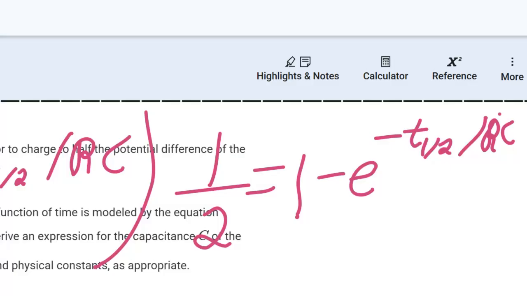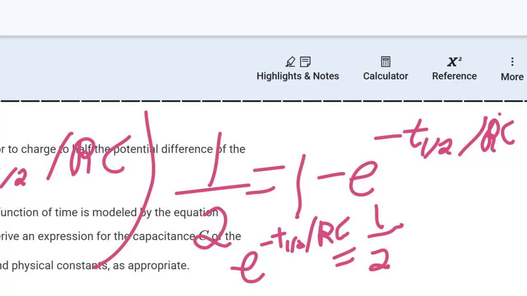And we're solving for C. Okay, so then it'd be e to the negative T 1/2 over RC, and that would just equal 1/2.